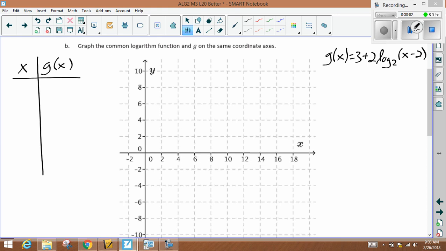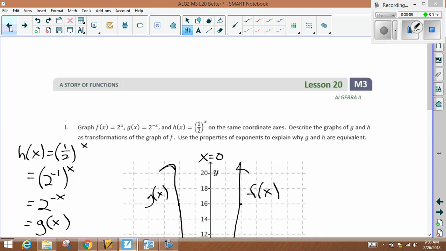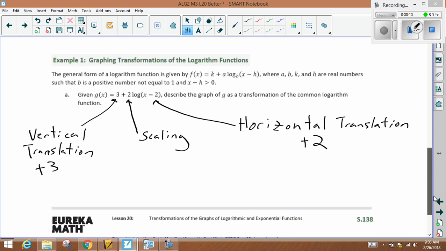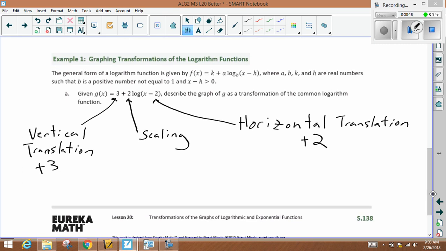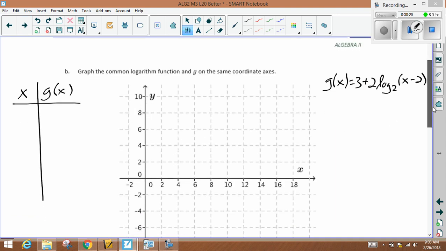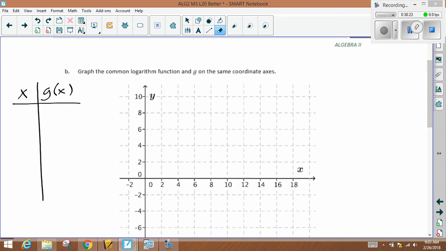Was it base 2, guys? No, it was base 10. Well, it's going to affect the points I want to put there, okay? Yes, because g of x is 3 plus 2 log base 10, not log base 2 of x minus 2.